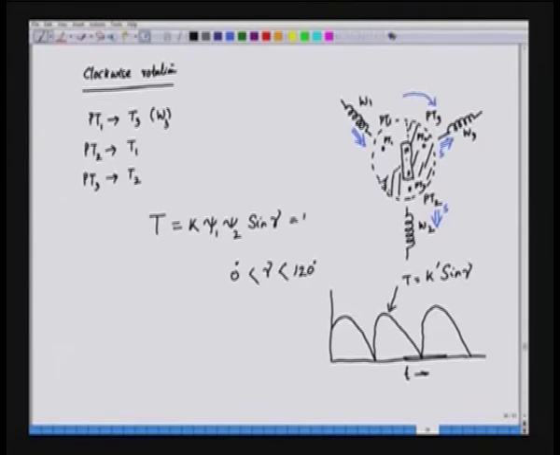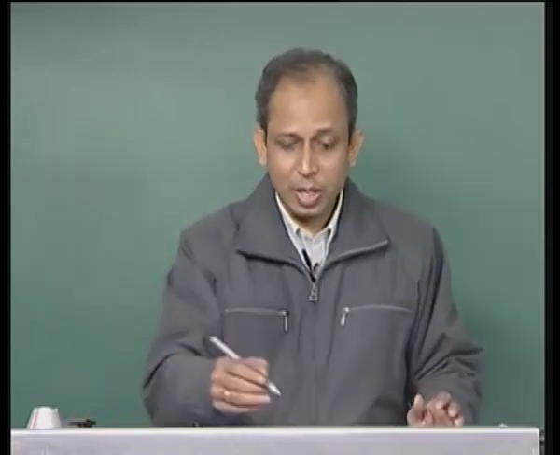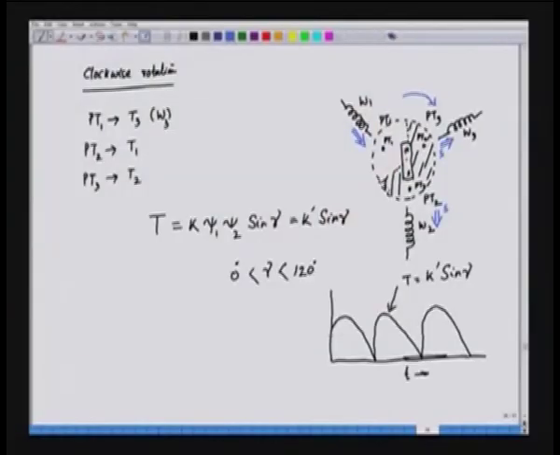We can say this is equal to k prime sine of gamma, and gamma is not constant. Gamma is in fact changing, and as the gamma changes, the torque is going to change. Now, what is the effect of that? Although we have average torque, and hence the rotor rotates, nevertheless the torque pulsates. That is torque pulsation.